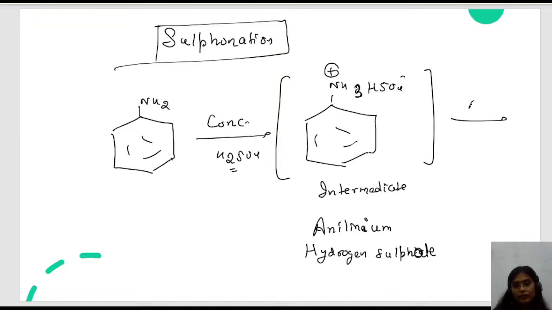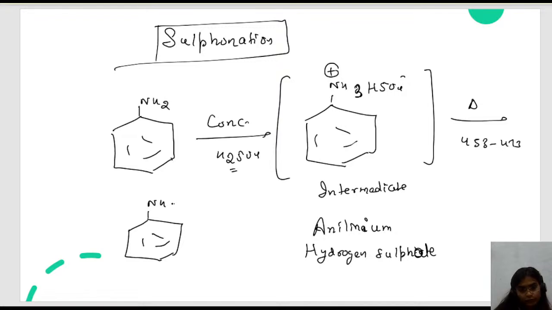Then further, if you heat it to this temperature, we get NH2 and SO3H. This is sulfonation. In this case, what is the extra point? In the previous electrophilic reactions, this was not there, right? But in this case, this is an extra intermediate that we end up with. This is the extra point in sulfonation.